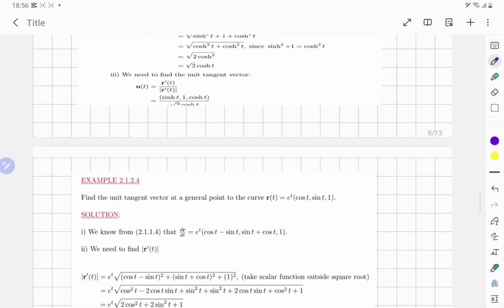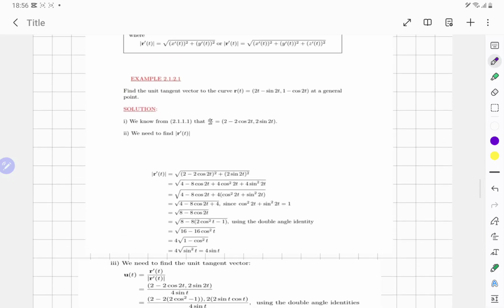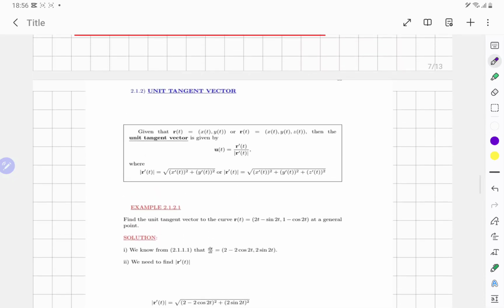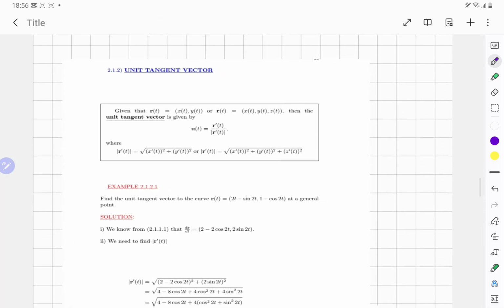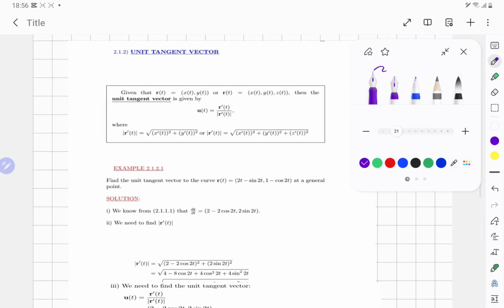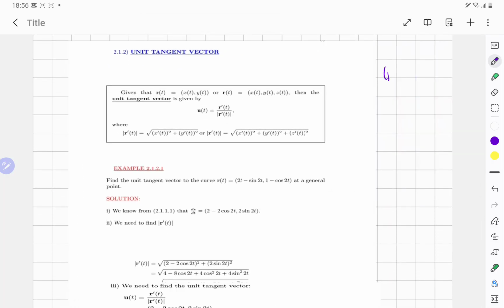Now, let's go. We did our tangent vector. So what we're going to do quickly is our unit tangent vector. Now, just recall from first year, what is a unit vector? Unit means 1, so the unit vector has length 1.